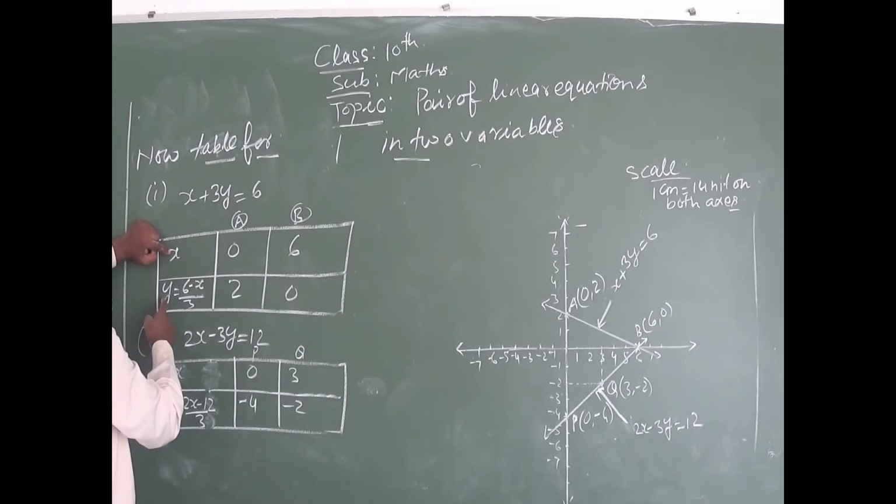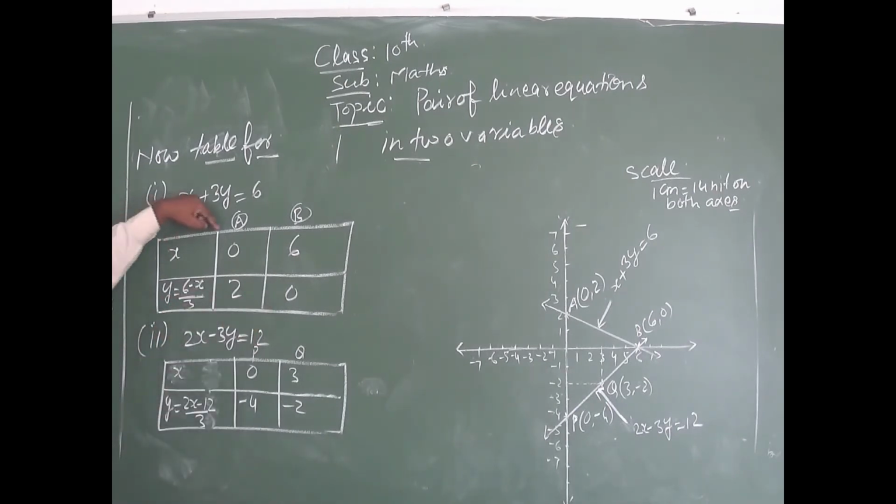And if we put x is equal to 6, so 6 minus 6 is equal to 0, and when we divide 0 by 3 we get 0. So these are the coordinates for this equation. And now for the second one, there is 2x minus 3y is equal to 12.